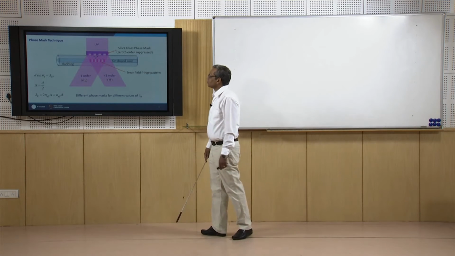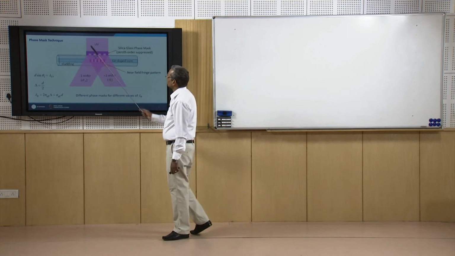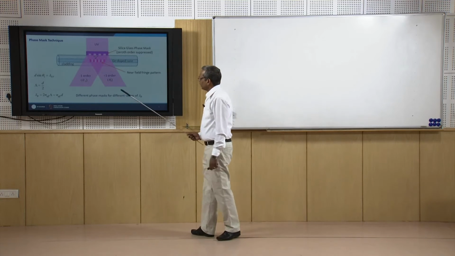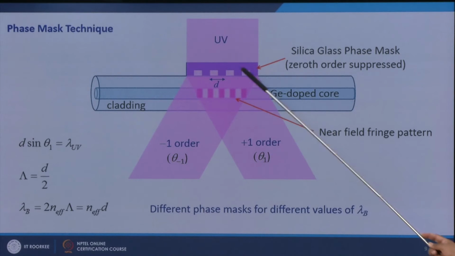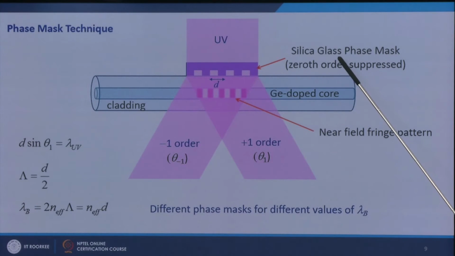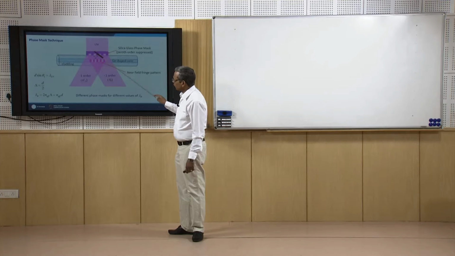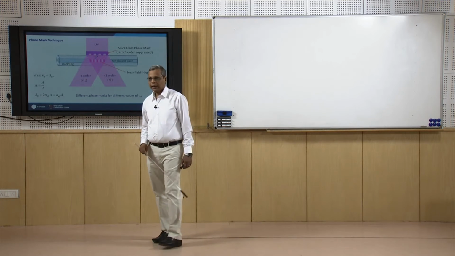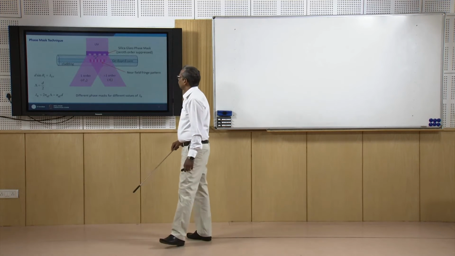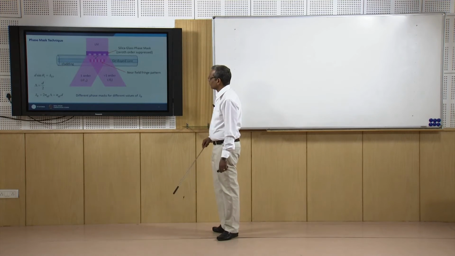Another technique is phase mask technique. What do I do here? I have a phase mask which is made of silica glass, and it is designed in such a way that when light falls on this phase mask, then of course it diffracts light, and the design is such that the 0th order is suppressed.